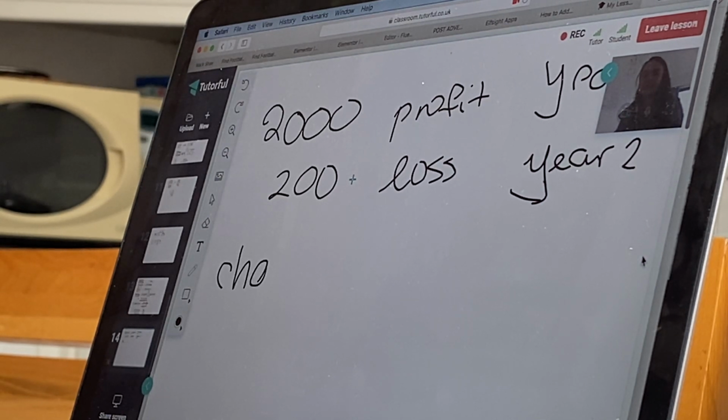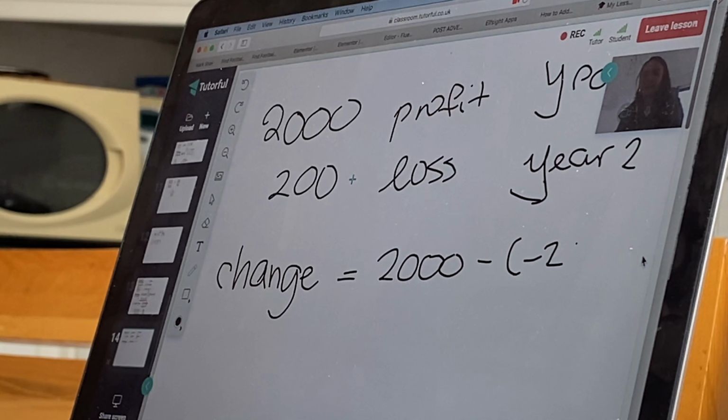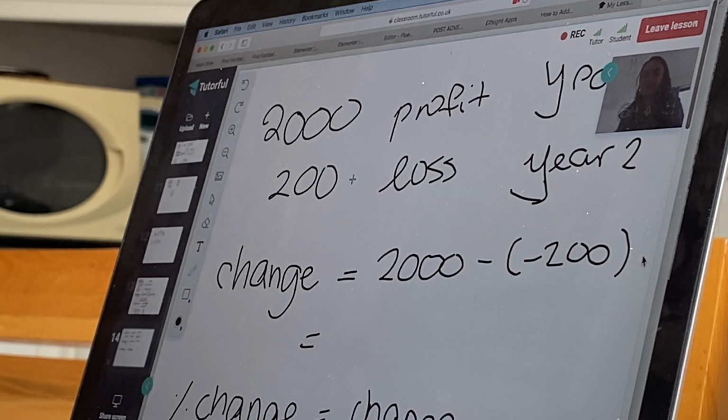So start by finding the change, and keep in mind that the loss is going to be negative, so we're doing 2,000 minus 200. 4%.